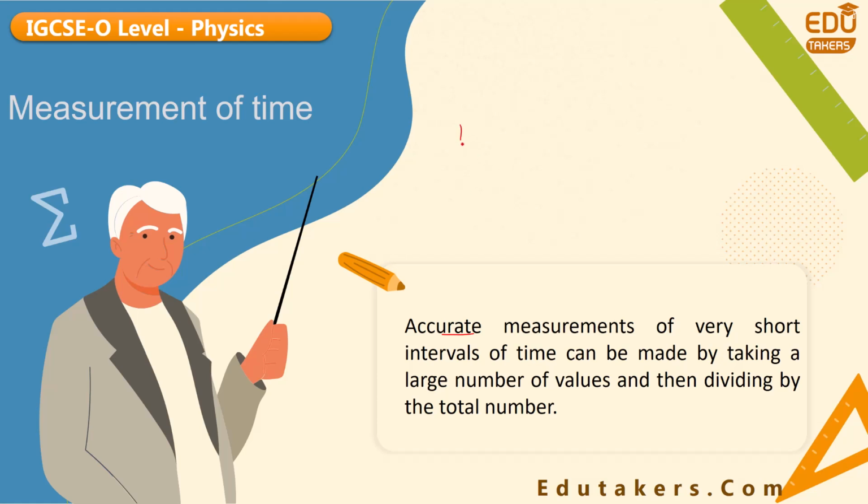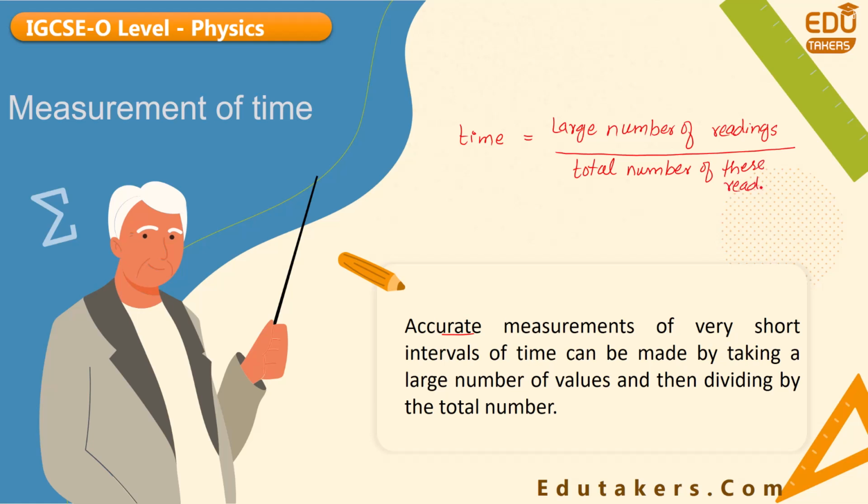So I can write here: time is equal to the sum of a large number of readings divided by the total number of these readings. You just need to divide both of these to find out the accurate measurement of the time.